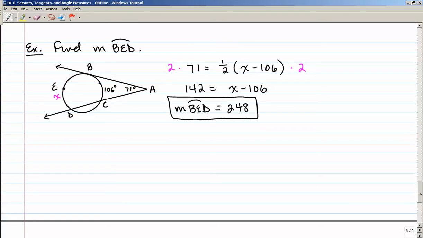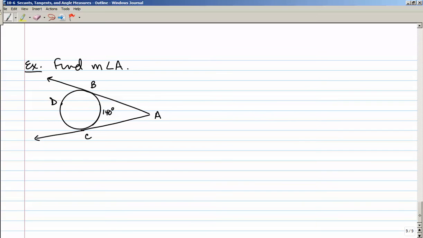And our last example here is 2 tangents that meet outside the circle, and I need to find the measure of angle A. And unfortunately, there's only one number in this problem. All I know is the smaller arc on the inside, which is 140 degrees. What I really need to know is what's the measure of arc BDC. I need to know this one out here.